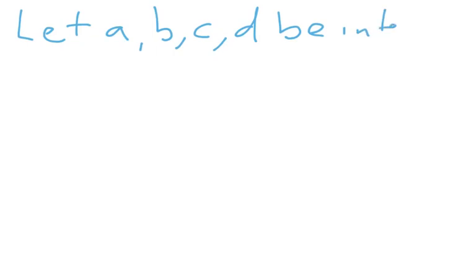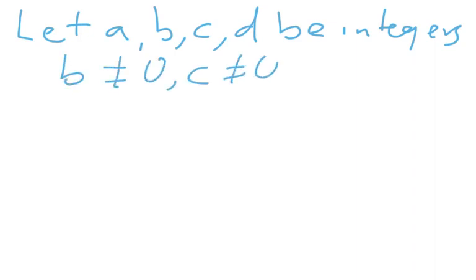So that leads to the formal definition of division. Let A, B, C, and D be integers. And let's say that the B can't be 0 and the C can't be 0 for reasons you're about to see. And actually the D can't be 0 either.